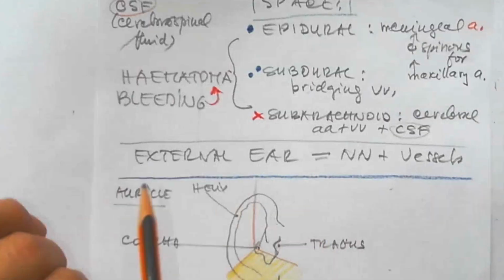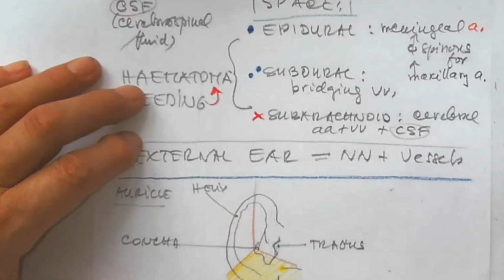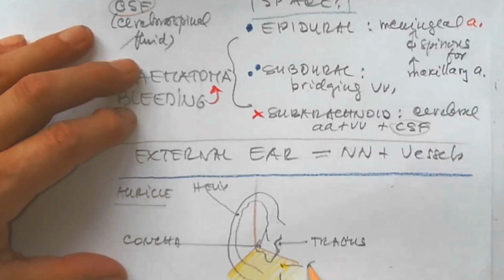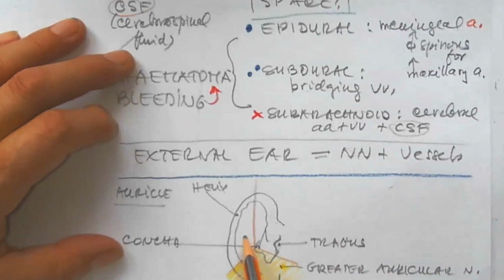So in yellow, we see the greater auricular from the cervical plexus. Auricularis magnus, auricular nerve, greater auricular.